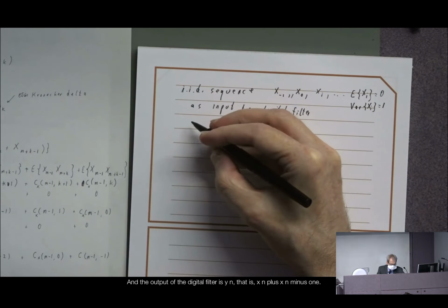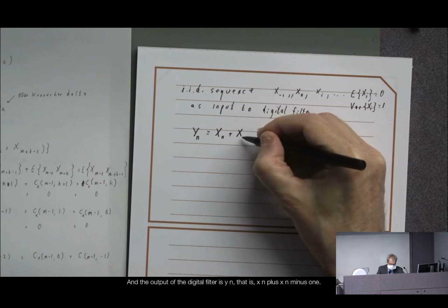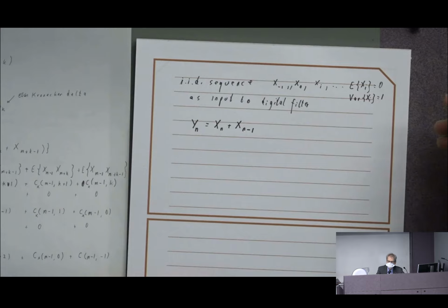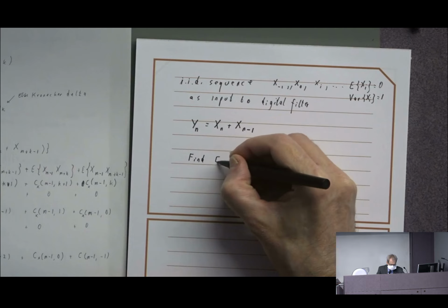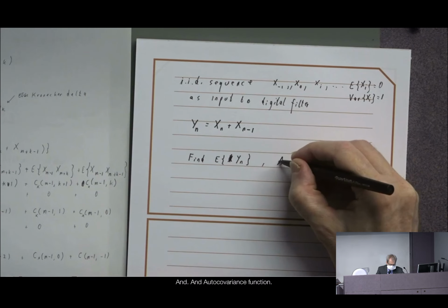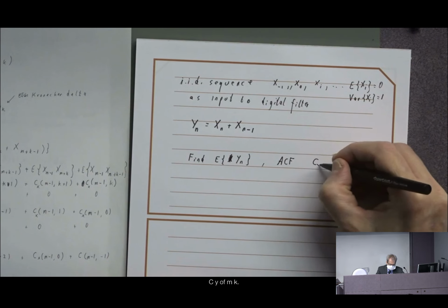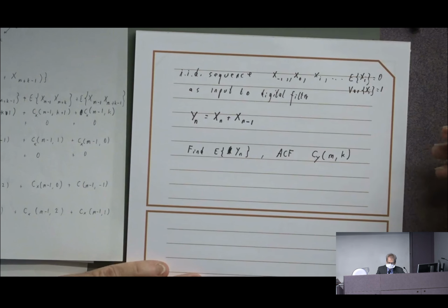And the output of the digital filter is yn, that is xn plus xn minus 1. And the question is, find the expectation of yn and the autocovariance function Cy of m, k.